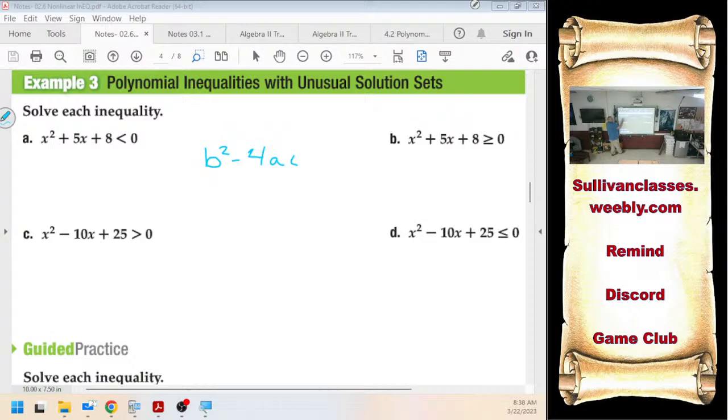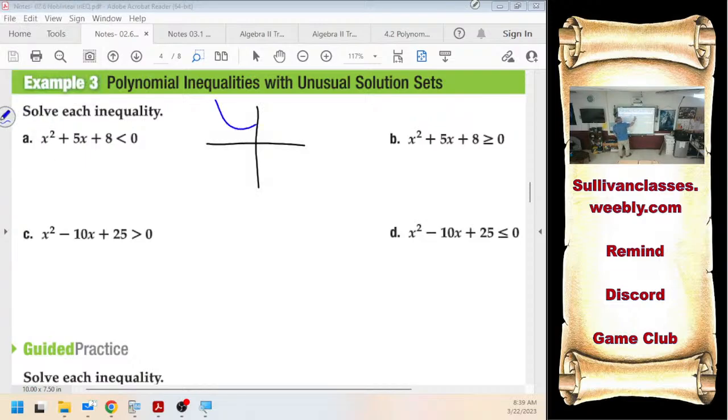So if I take a peek at this and say 5 squared minus 4ac, 25 minus 32 is -7. If my discriminant is negative, that means I don't have any real zeros. What I'm getting here is these two are the same thing, just different inequalities.